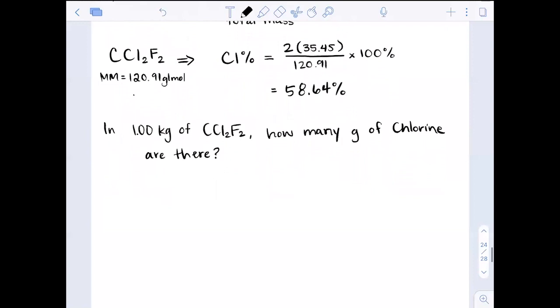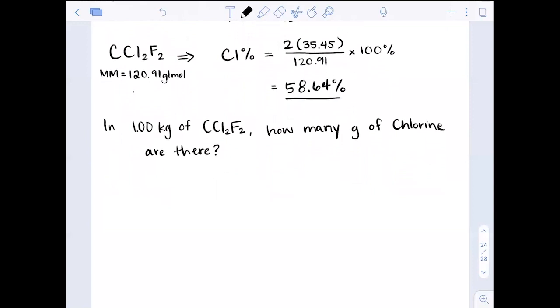But because we have this mass percentage, we already have a conversion factor that says there are 58.64 grams of chlorine for every 100, remember it's a percentage, grams of CCl2F2.